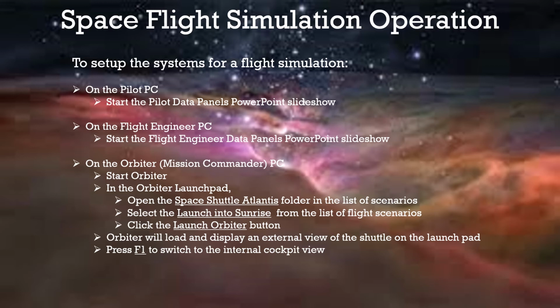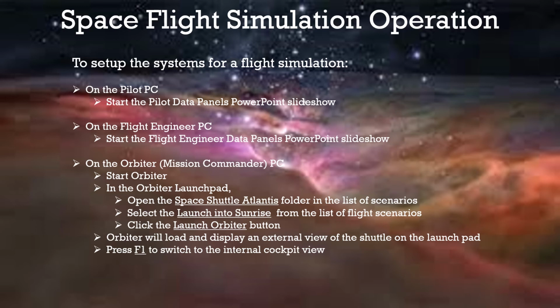And so in the center of the launch pad, you'll see a list of all the scenarios that are available for the Orbiter system. Now, these are all folders. So what we want to do is locate the Space Shuttle Atlantis folder in the list of scenarios and double click it. That will open the folder and display all the lists of the flight scenarios available for the Space Shuttle Atlantis. The one we're interested in is the launch into sunrise.